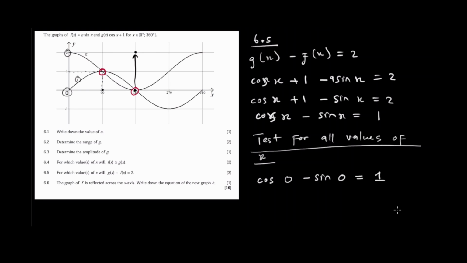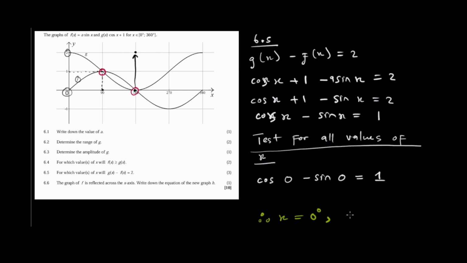So using a calculator, it's cos 0 minus sin 0. We are getting 1. You see? So when we are now writing our answers, we are going to have x as 0. So let me write my answers in a different color. Therefore, x is equal to 0 degrees.